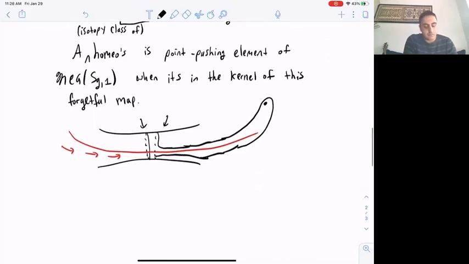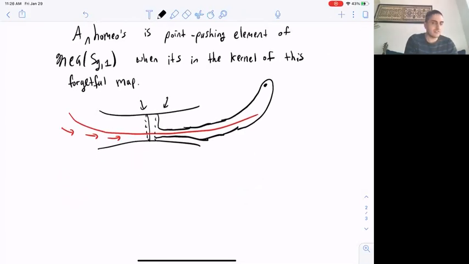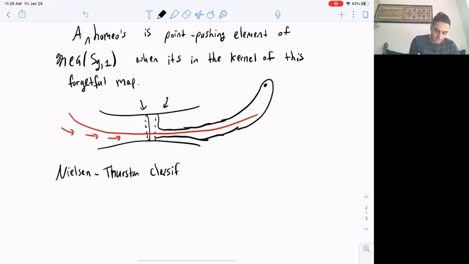Again, I don't know people's background, so I'll try to be slow. In the mapping class group, there's a fundamental trichotomy that explains the behavior of different sorts of elements. This is called the Nielsen-Thurston classification of mapping classes.